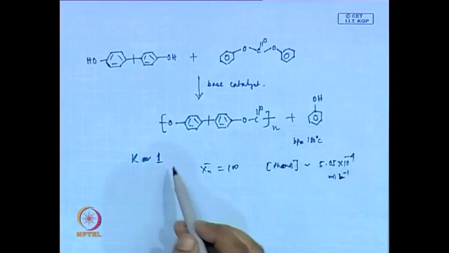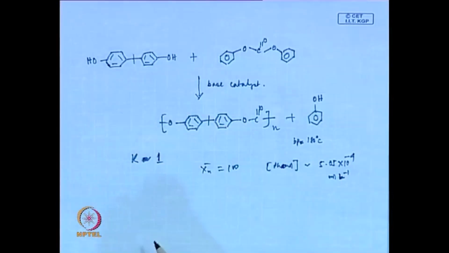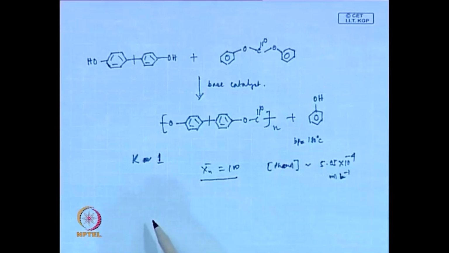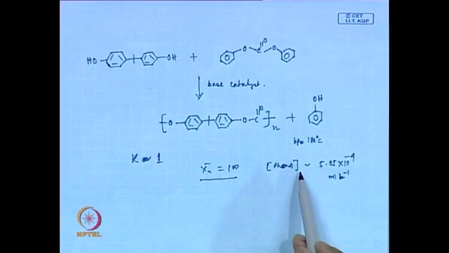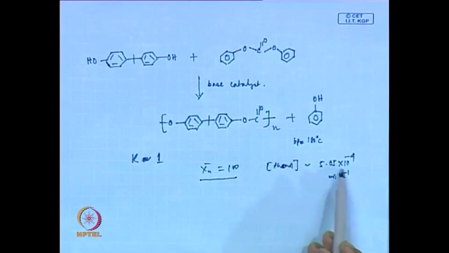So, you understand, because the equilibrium constant of this reaction is roughly 1, to build a polymer having a degree of polymerization of 100, you have to bring down the phenol level in the system to such a low level. But as I said, sometimes it is limited by the design of a reactor, it is not possible.